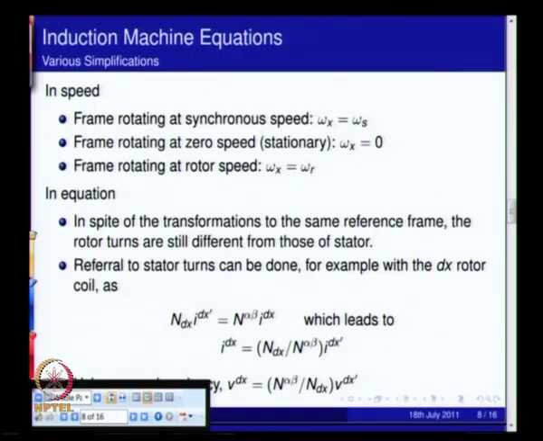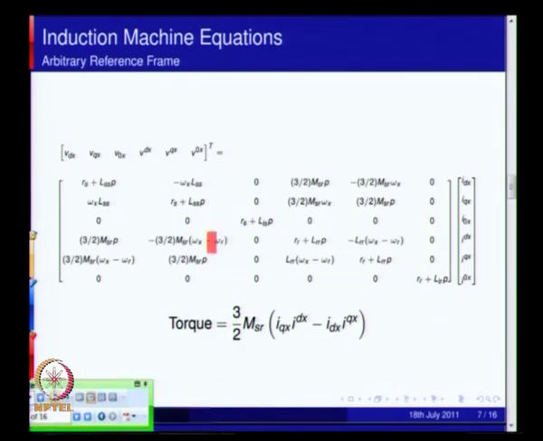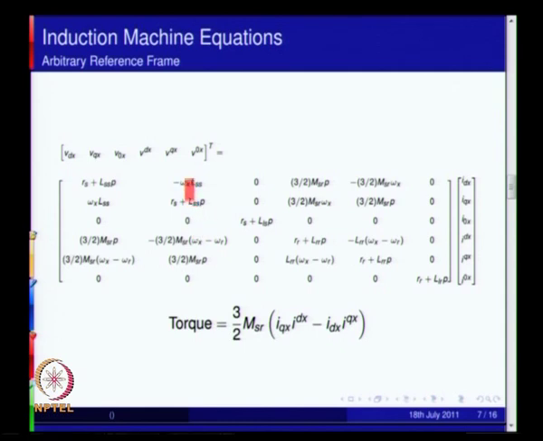If you look back at the earlier equations, if you put omega x equal to 0, you see that this term goes away and this term goes away. Omega x equal to 0 would mean stationary reference frame. That means the stator coils are really stationary, now they are no longer pseudo stationary, and therefore there is no speed induced EMF, which is what we had earlier also.